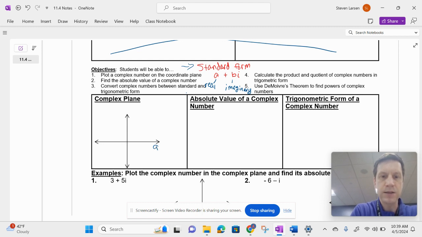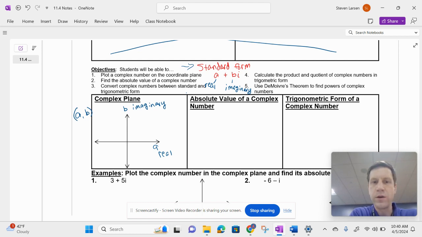Instead of an x-axis, this is your a-axis, also known as your real axis. And then here's your b-axis, which is your imaginary axis. So if I want to take a plus bi, I can actually write that as a comma b.